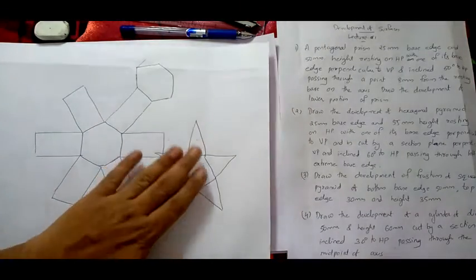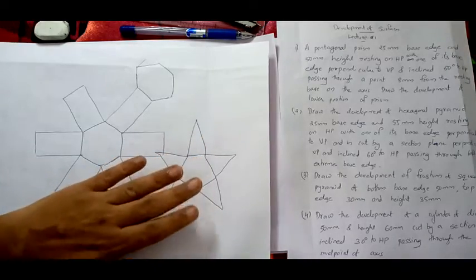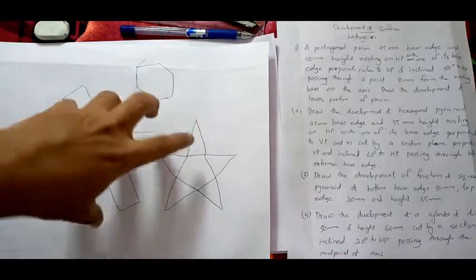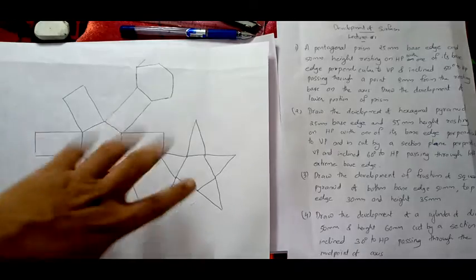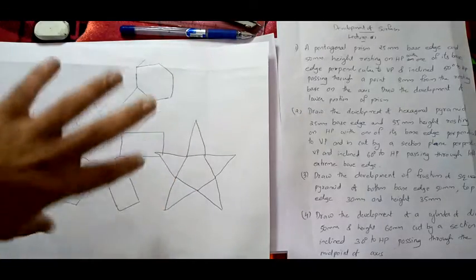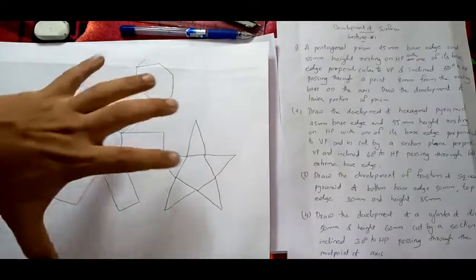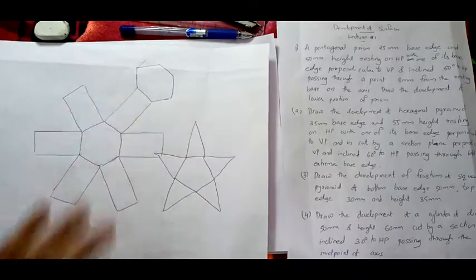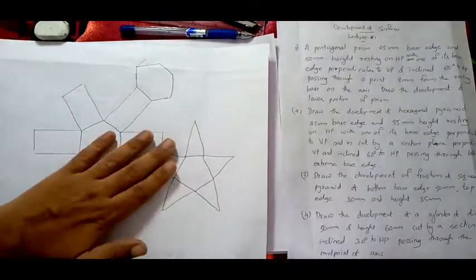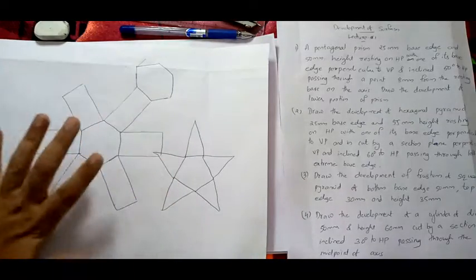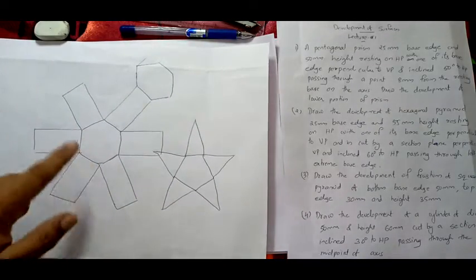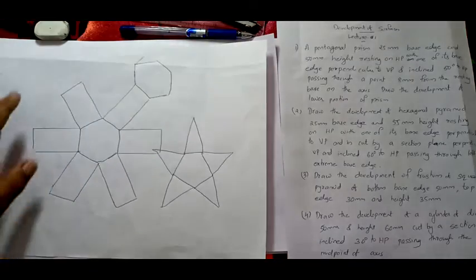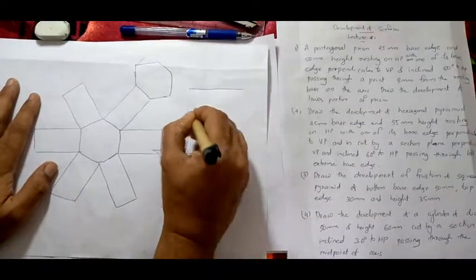So this is basically the development, but we are not following this method, as it will be difficult for us to draw like this. Instead we are drawing in another pattern in order to accommodate all this, which you will see while answering the question, so that we can solve it easily. For a prism, instead of this, we will draw like this.